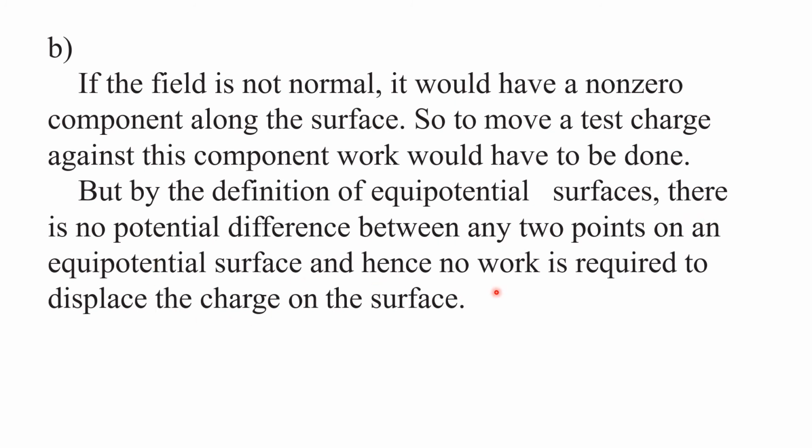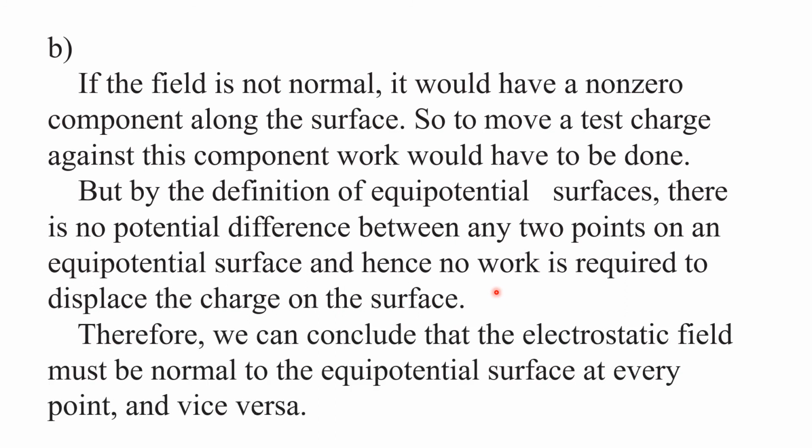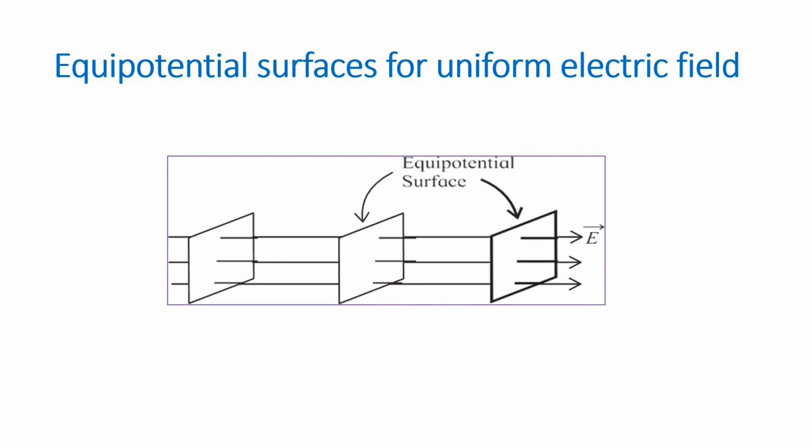Hence, no work is required to displace the charge on the surface. Therefore, we can conclude that the electrostatic field must be normal to the equipotential surface at every point and vice versa. Here is the equipotential surface of a uniform electric field.